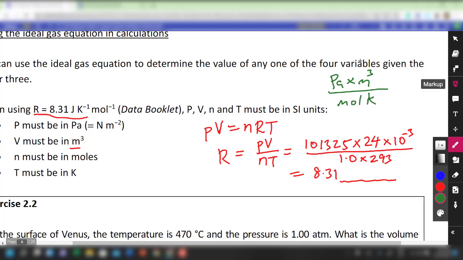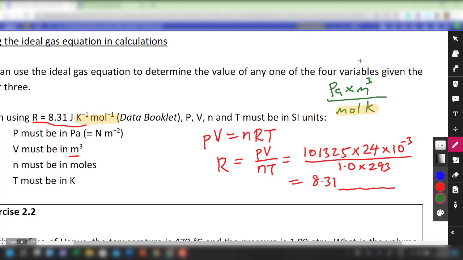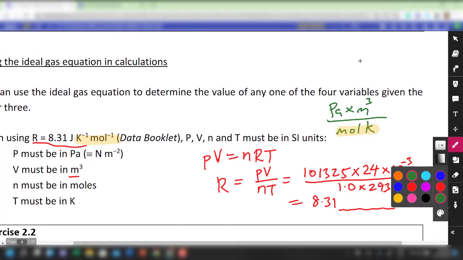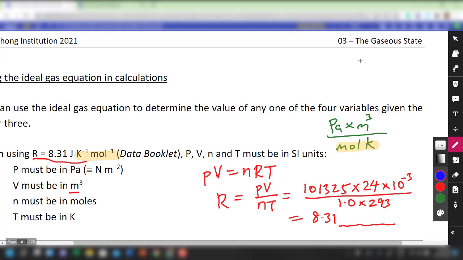Okay, so over here I think you can see quite clearly that moles and Kelvin actually appear, and they are the reciprocal, so I think that's fine. But why is it that Pascal multiplied by cubic meter is joules? Some of you might be wondering. So we need to go back to our fundamental definition. What exactly is pressure?